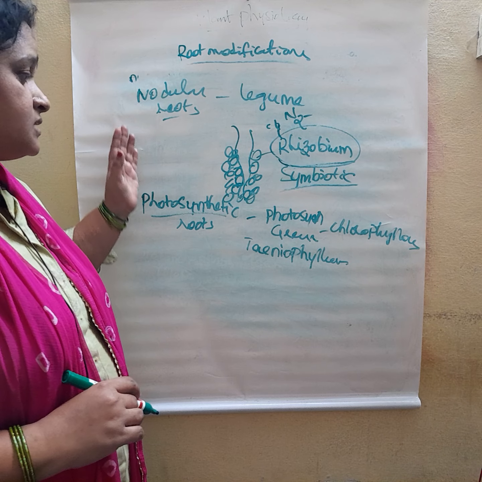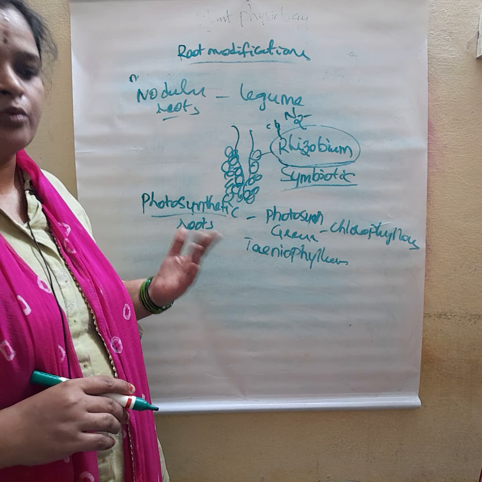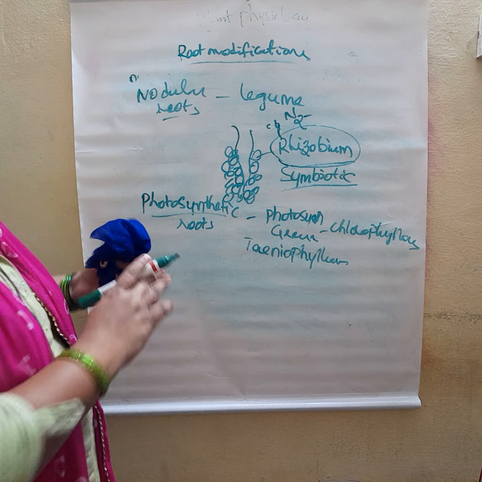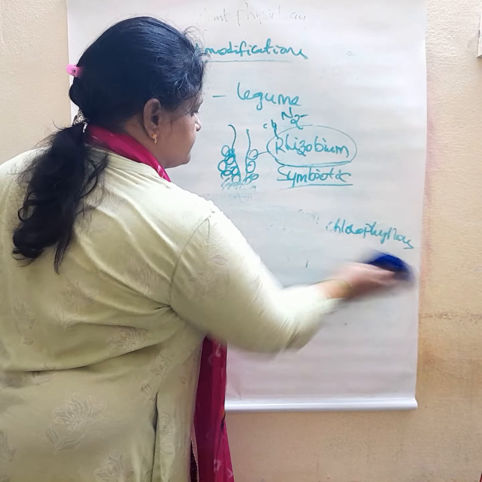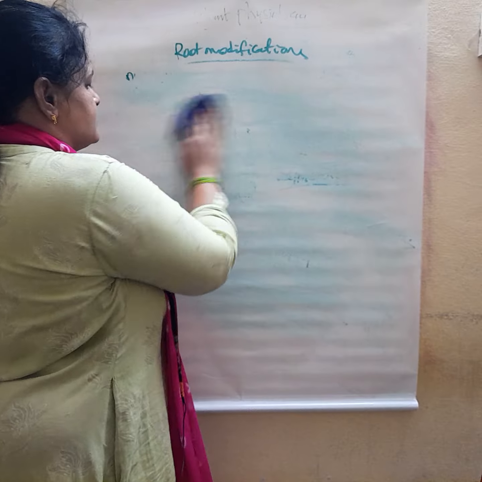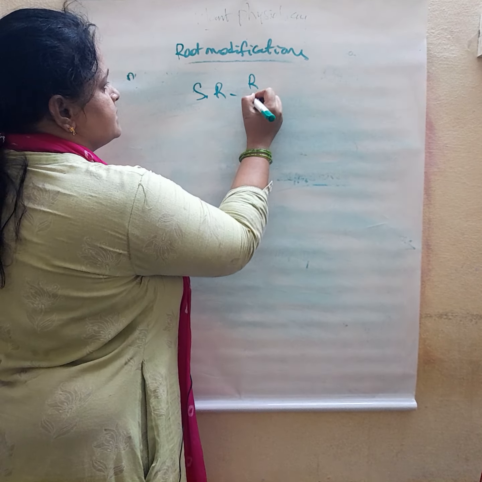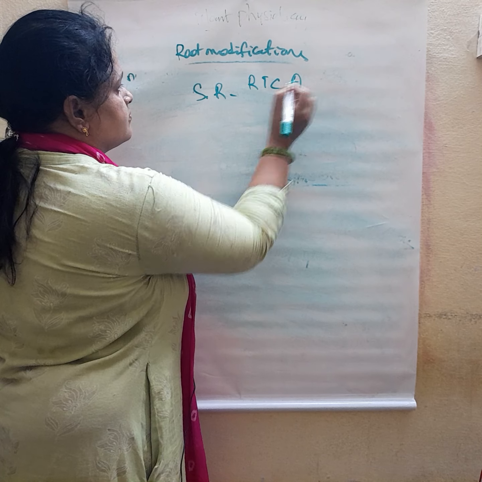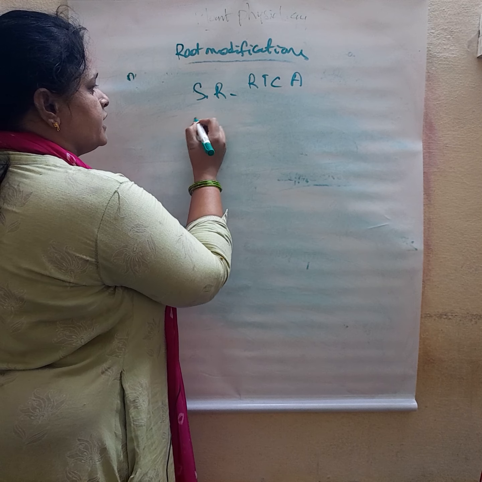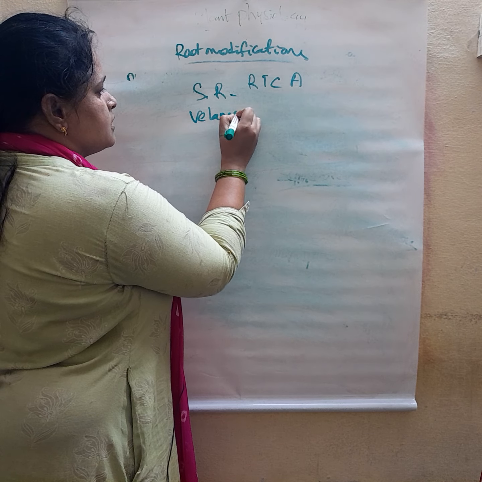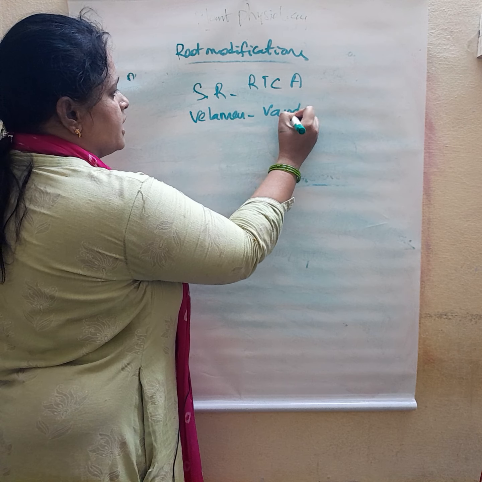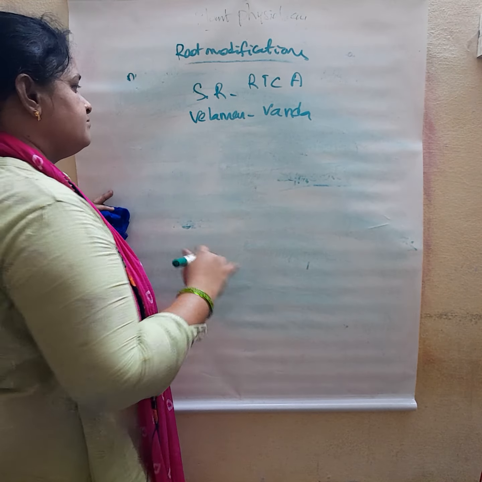Okay, right. So these are the types of root modifications. Storage roots, RTC A. Next, epiphytic roots have velamen roots, Vanda, velamen Vanda.